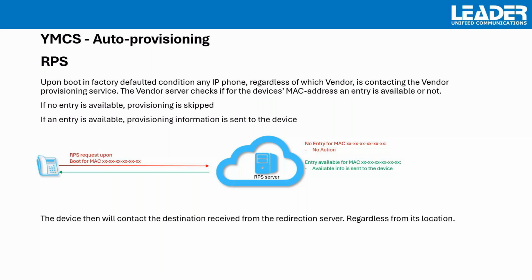If an entry is available, provisioning information is sent to the device. Now, again, we will have to add information first. First of all, we would have to add the device as such with MAC, serial and model type.